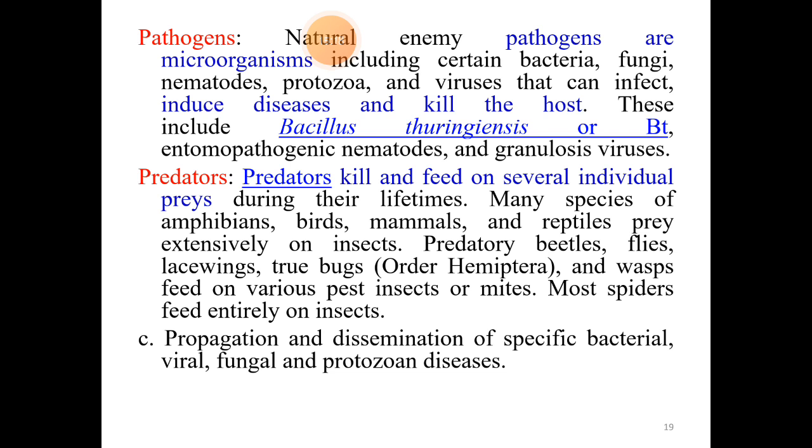The next category are predators. They are another group of organisms that feed on the pest population. So, the pest population acts as the prey here. Example, birds, mammals, and reptiles.